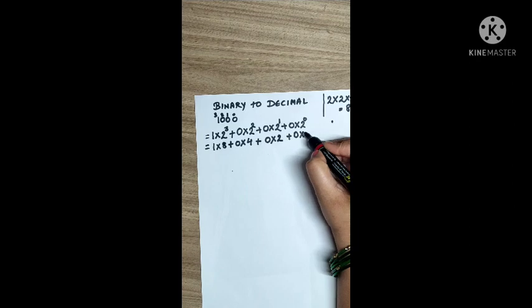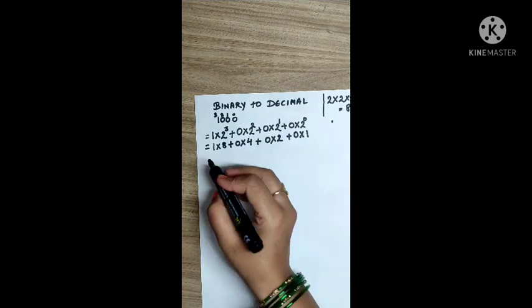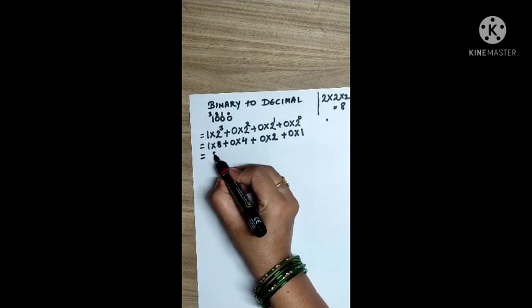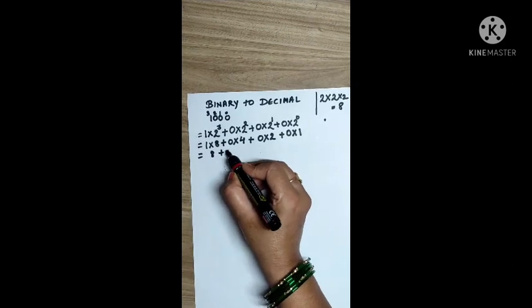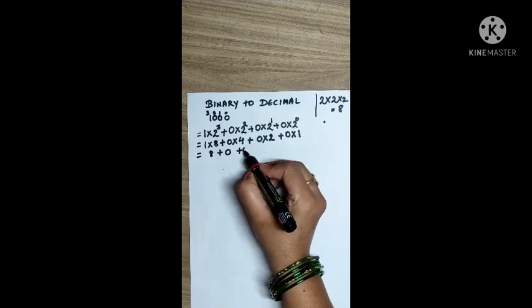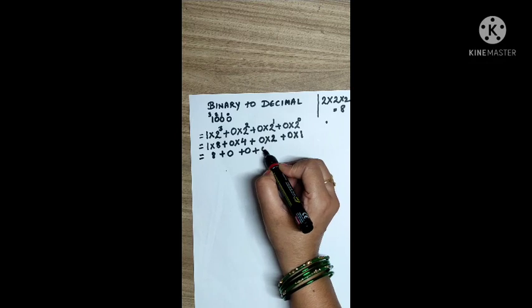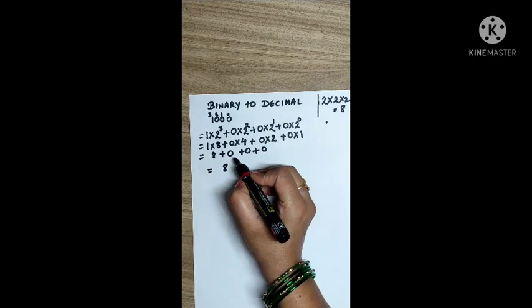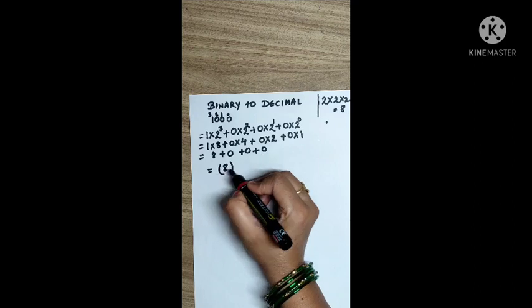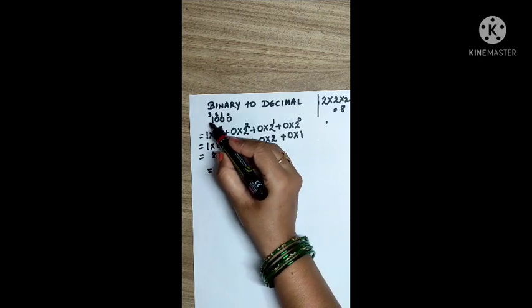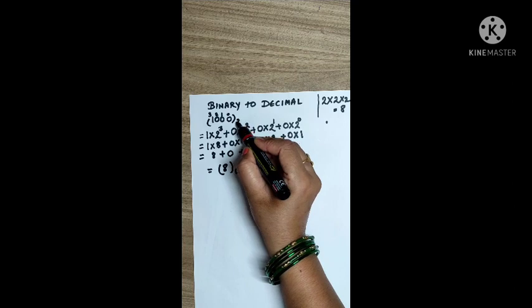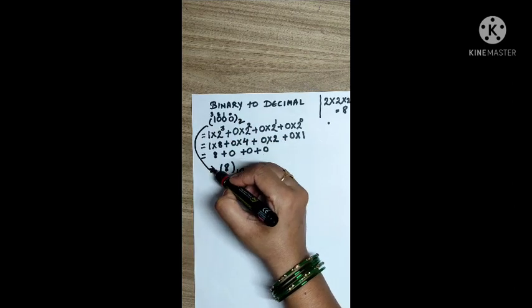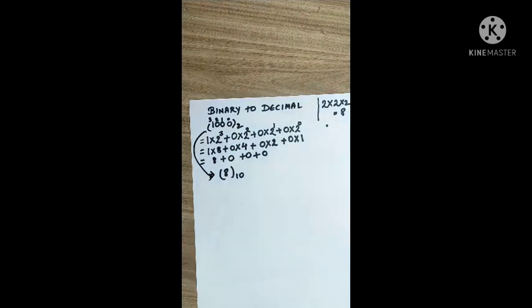Remember this thing. Once it is done, solve it. It is 8. This one 0. Next is also 0. Then next is also 0. So it is equivalent to 8. Since it is a decimal number, we'll write the base as 10. So this number which was with base 2 is equivalent to 8. I hope it's clear to all of you.